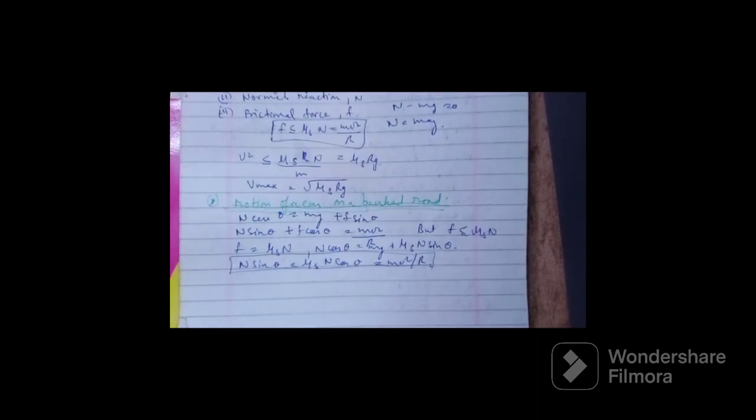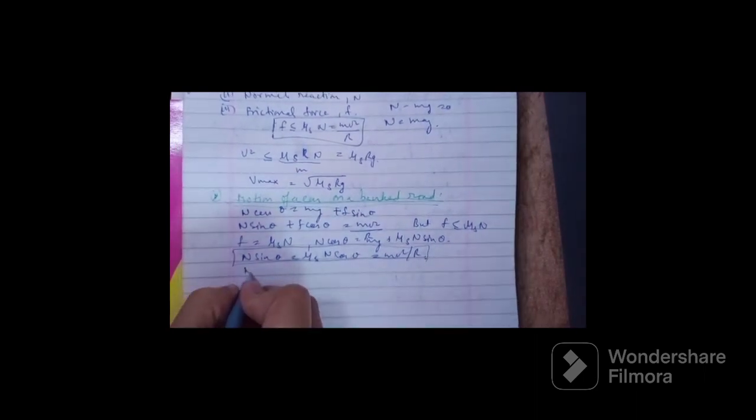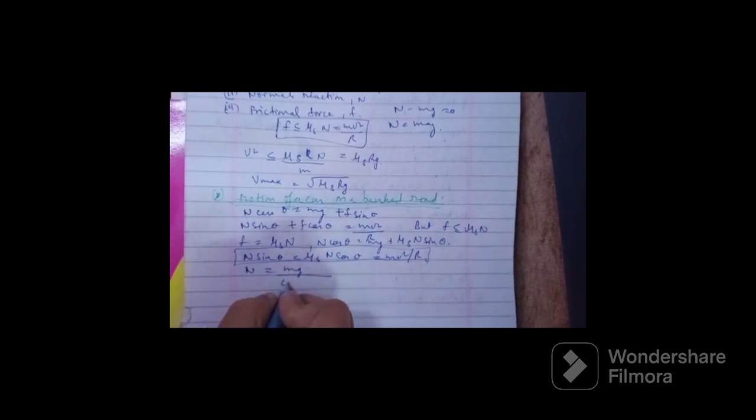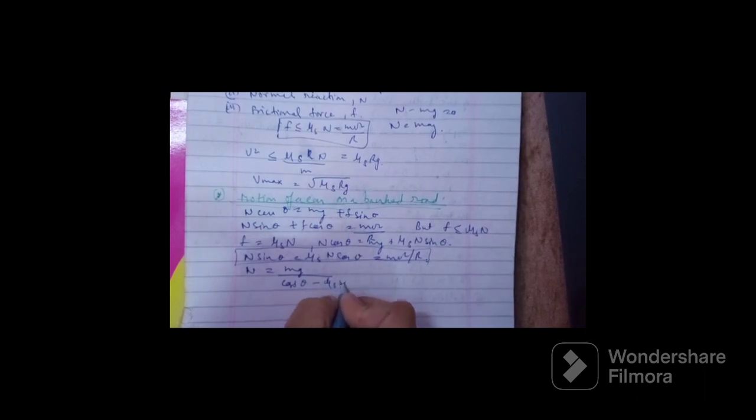From this equation we obtain n equals mg over cos theta minus mu s sin theta.